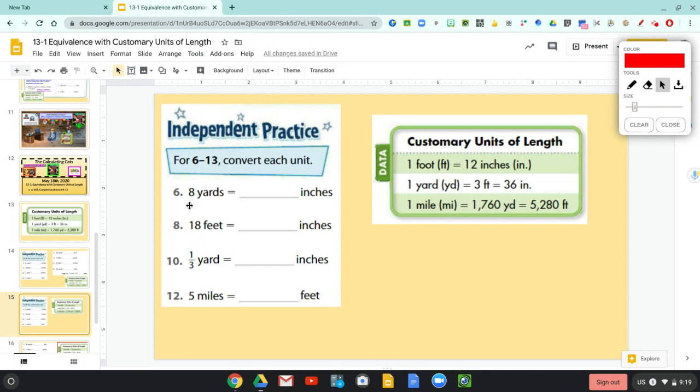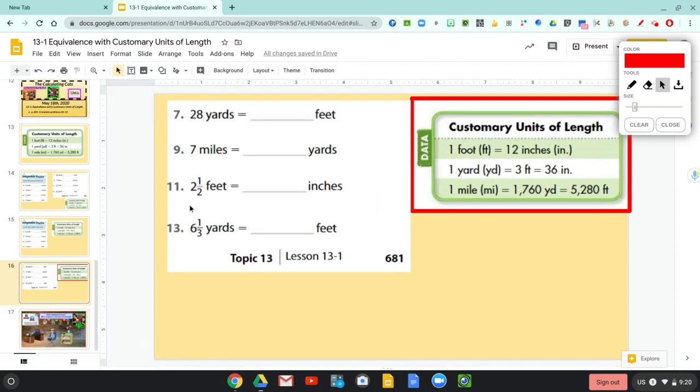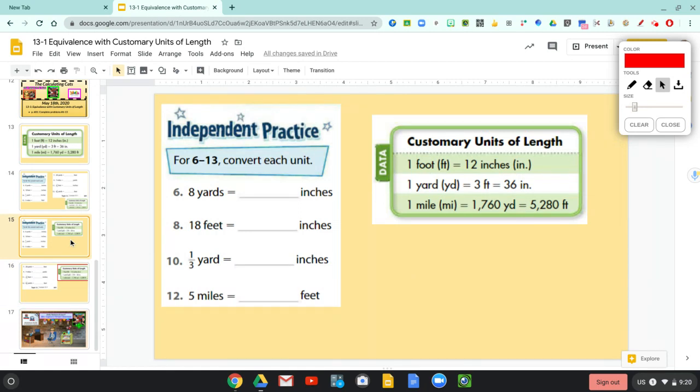I'm actually doing the evens first because it's in a column, so don't get confused. I'm doing 6, 8, 10, and 12 first, and then I'll be going over 7, 9, 11, and 13. So I want you to pause the video and try the even problems. And when you're ready, go ahead and press play.